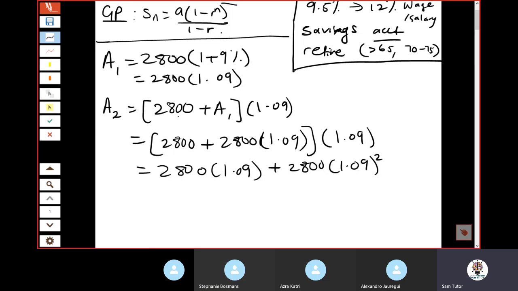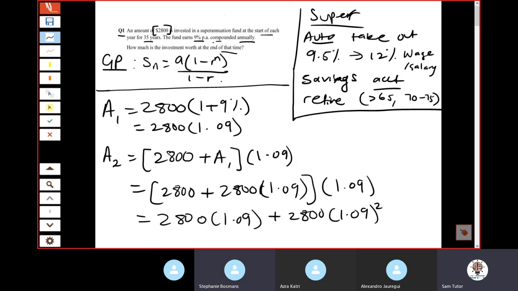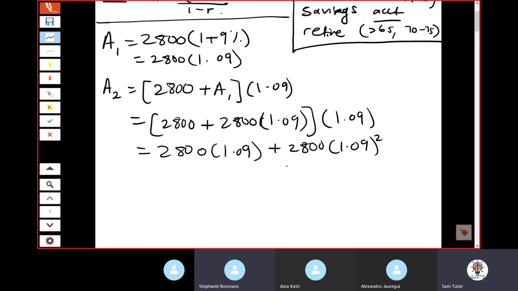Then in the second year you put a little bit more money, you put 2,800, but then in the second year that whole amount is also going to grow again by another 9%. And then what happens in your third year, and your fourth year, and your fifth year, and your sixth year, seventh year? Every year you put money in on top of the previous year, and then it's going to grow. Pretty much this word, compounded annually. Good job.